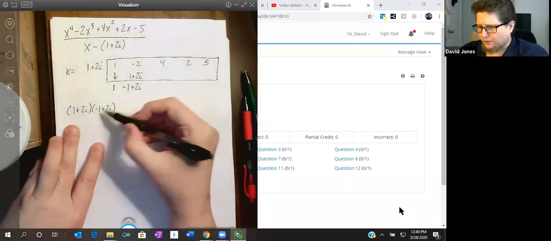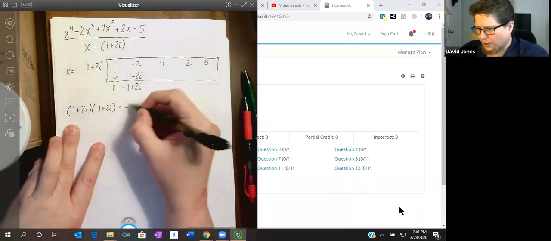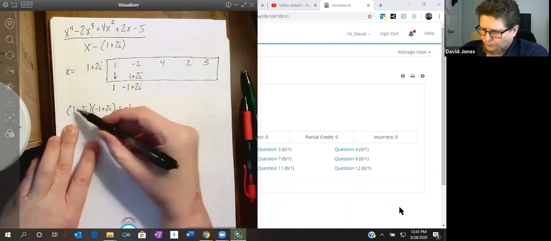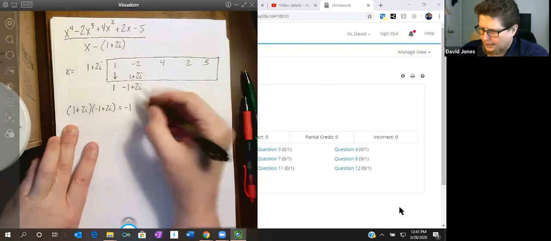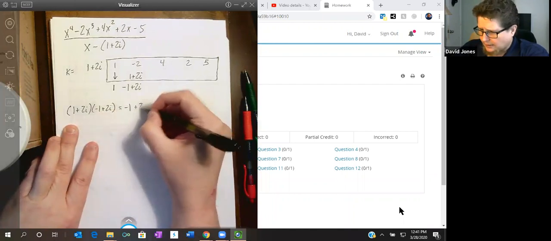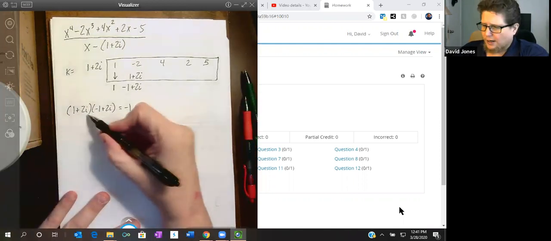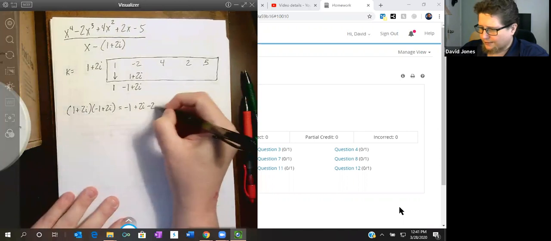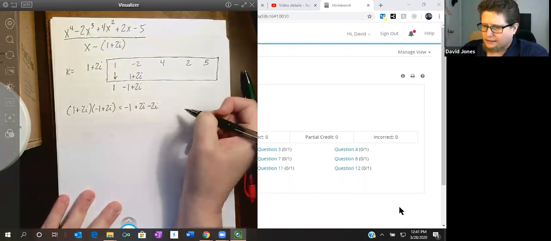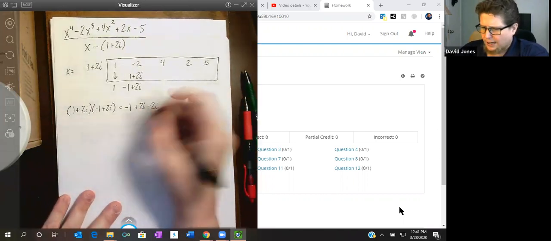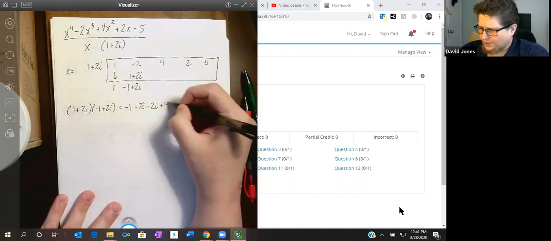I'll distribute. 1 times -1 is -1. 1 times 2i is 2i. 2i times -1 is -2i. And 2i times 2i is 4i squared.